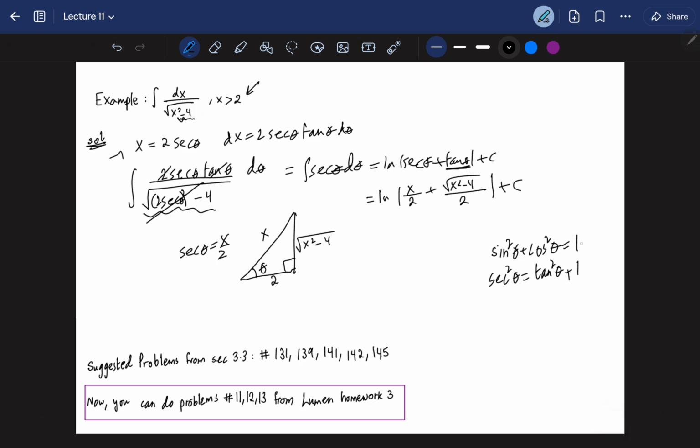Here, no matter where you take the 1, you're not going to be able to get something minus 1. But here you can easily do it by taking a 1 here. So that's why when you have a square root of this kind, you can only use this identity, and so on for the other cases.